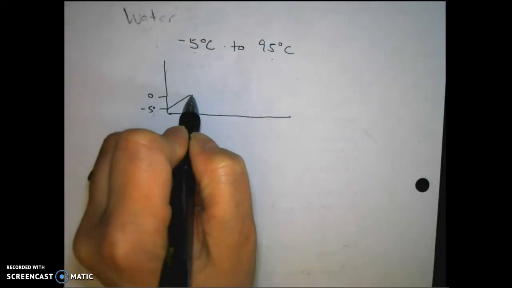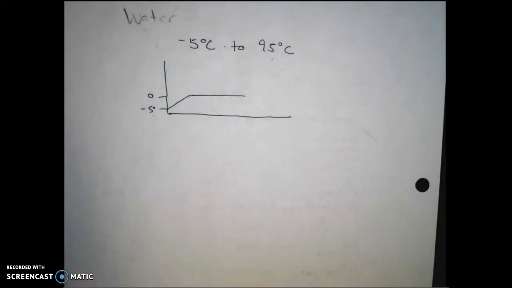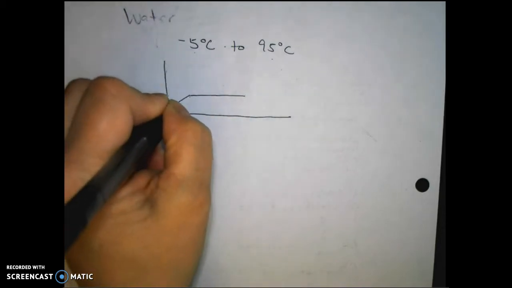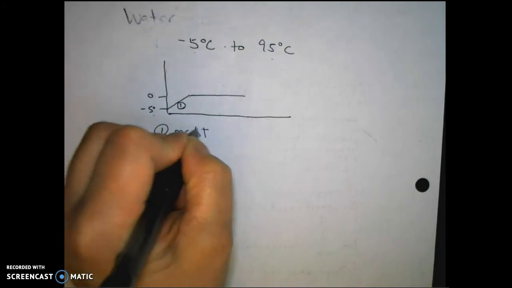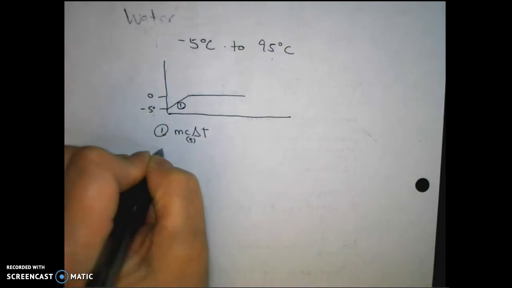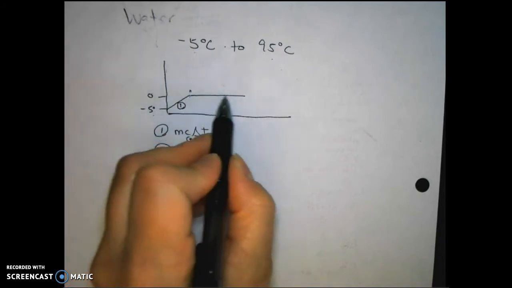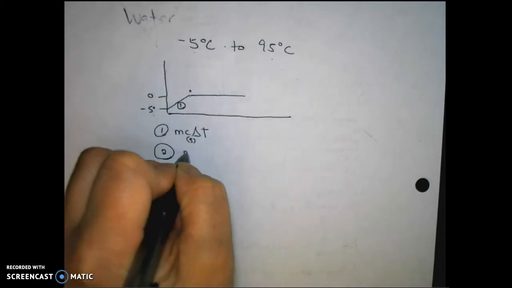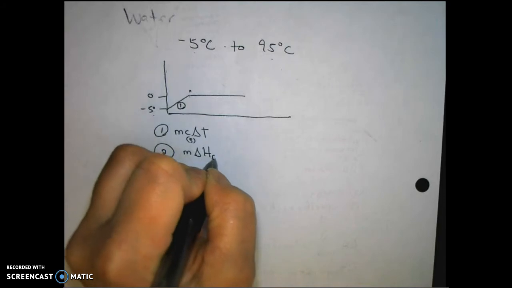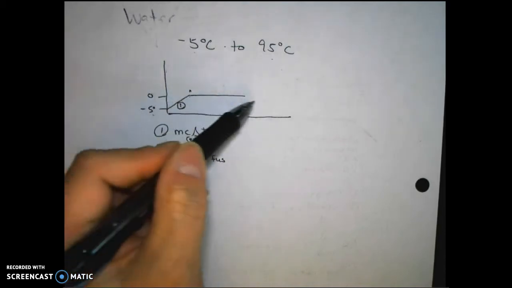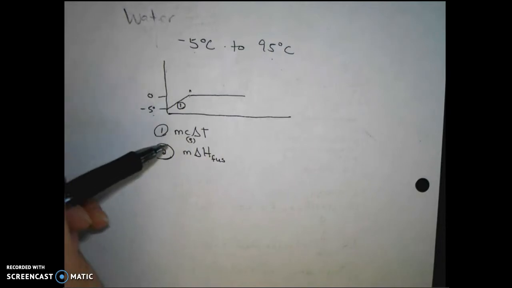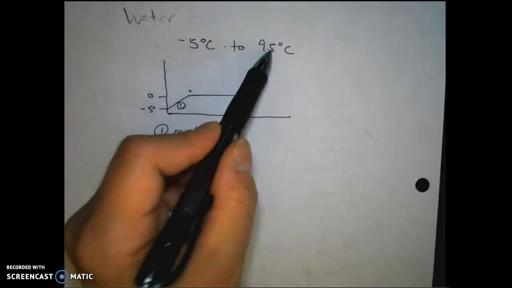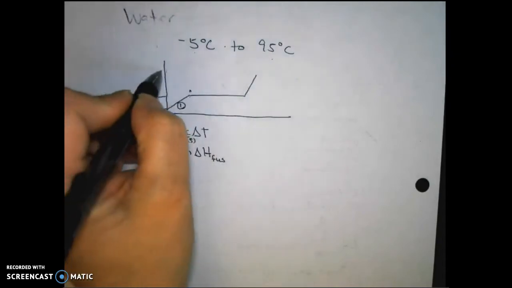So once I'm at 0, I have to melt the solid. So with this first calculation, I'm going to do m c delta T of the solid. For the second calculation, I need to melt it. I'm going to do m delta H of fusion to calculate the amount of energy that it takes to melt the ice. And then I have to get to 95 degrees.